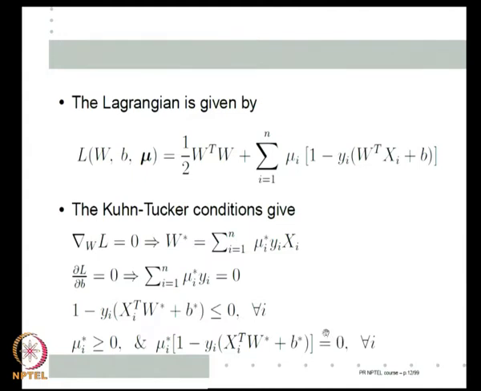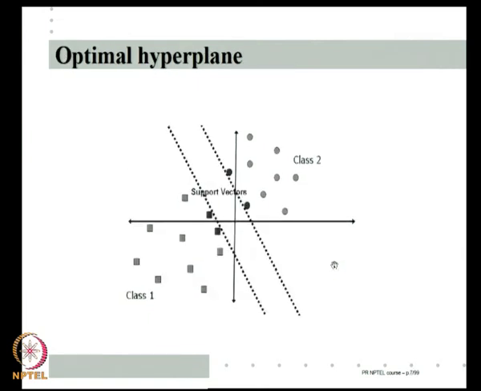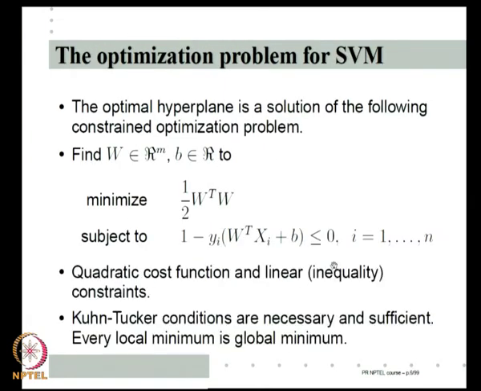As I have already mentioned last class, our optimization problem is such that there is one constraint for each example. Essentially, because I want W, b to be a separating hyperplane, each example x i, y i should be on the right side of the separating hyperplane. So, each constraint is tied to one example, and each example has one constraint.